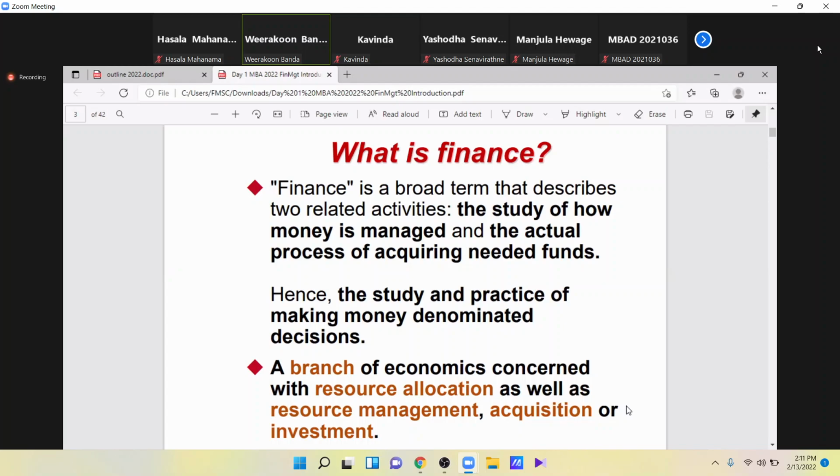So in business firms, if you are going to purchase some assets, that means acquisitions. You allocate funds to purchase particular assets, likewise investment. So every time we are concerned with acquisitions or investment.